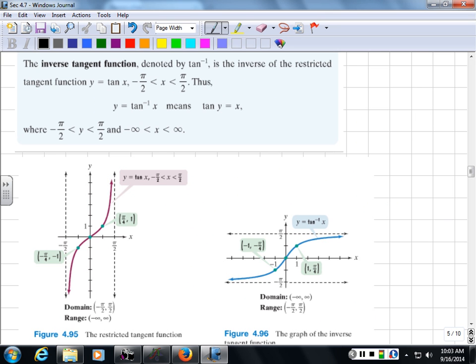We're going to restrict the domain from negative pi over 2 to pi over 2. What's our range? It goes from negative infinity all the way up to positive infinity, which means when I flip this and change the domain and range, the domain now is from negative infinity all the way to positive infinity for the inverse tangent function. The range is negative pi over 2 to pi over 2.